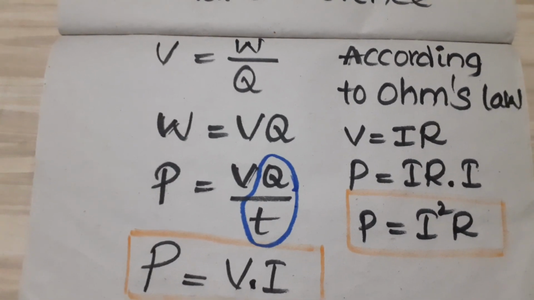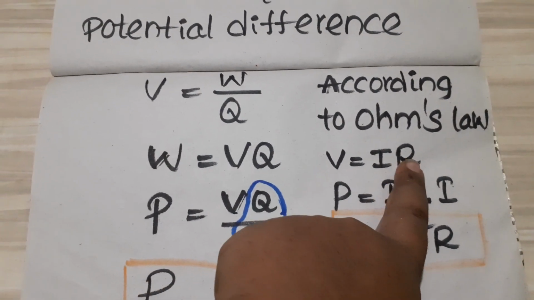Next, according to Ohm's law, V equal to IR.